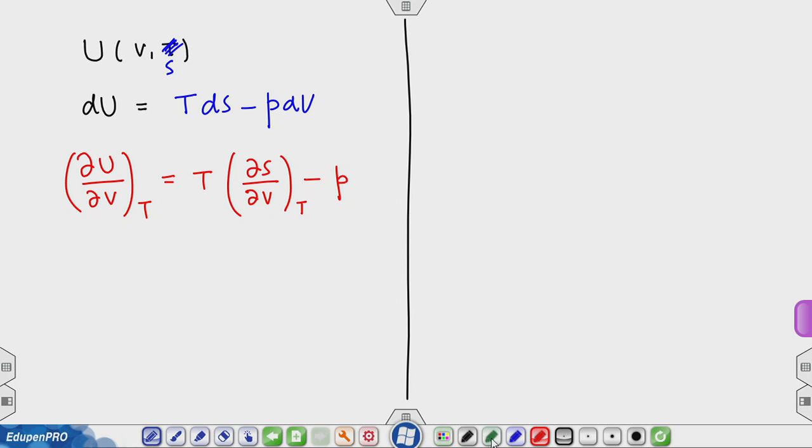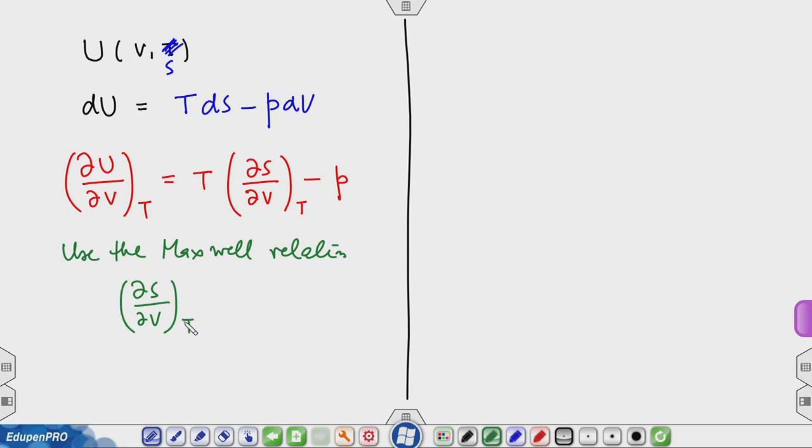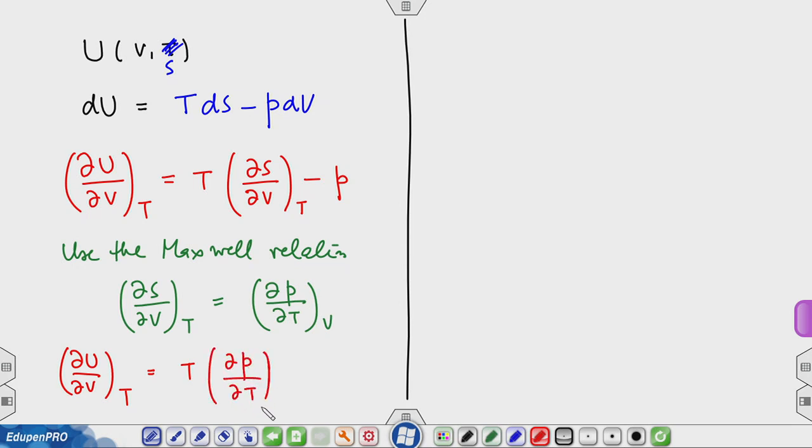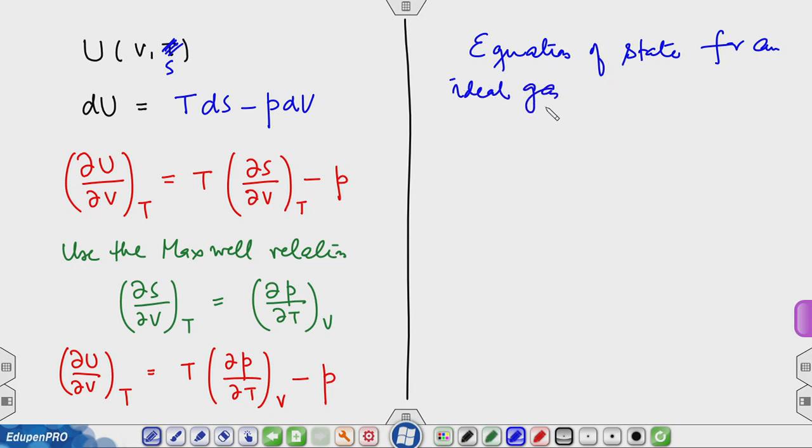Now I am going to use the Maxwell relation and write dS by dV at T is equal to dP by dT at V, and therefore partial U with respect to partial V at constant temperature is equal to T dP/dT at constant volume minus P. Now, the equation of state for an ideal gas is PV equals nRT.